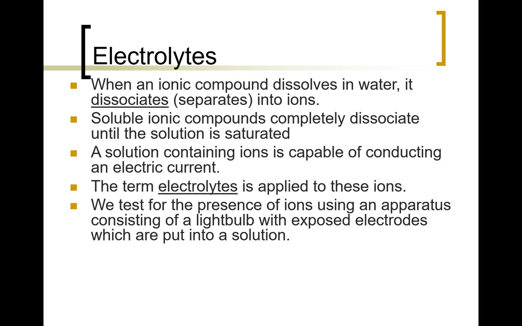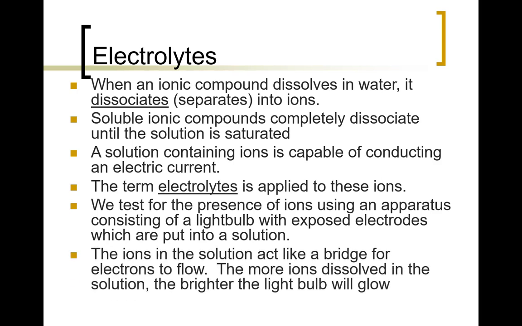And then we go ahead and immerse those electrodes into our solution that we want to test. So if there are ions, they act like a bridge for electrons, or if you think about this, electricity, to flow from one side of the electrode to the other. And as I said a second ago, the more ions we have in the solution, the brighter that light bulb will glow until it reaches a certain maximum.